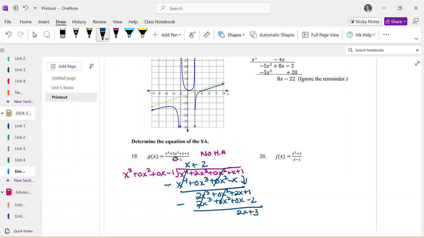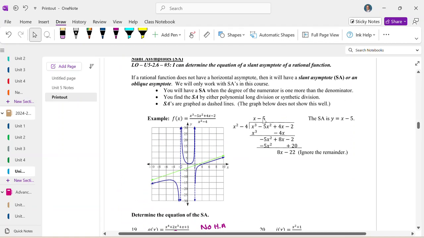The remainder does not matter as far as finding the slant asymptote. The slant asymptote is the quotient. So the slant asymptote here would be the line y equals x plus 2. All right, so kind of like above here, we got x minus 5, right? So notice this line here, x minus 5, that would be the slant asymptote.